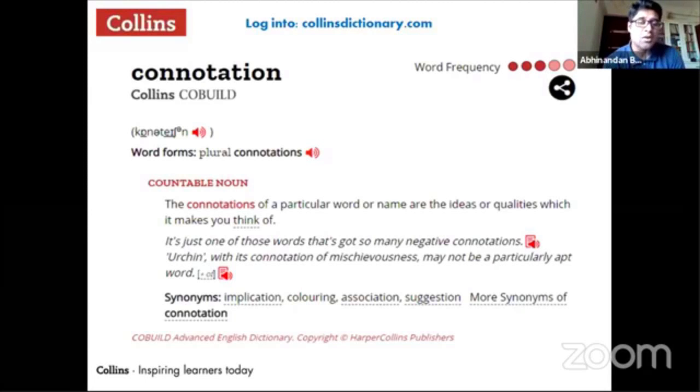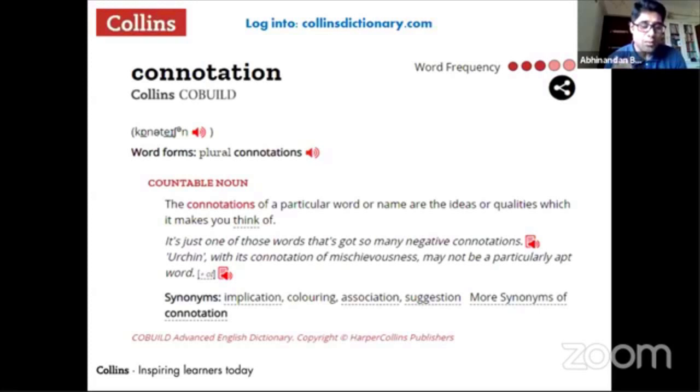What does the word connotation mean? Over here, if you observe the synonyms: implication, coloring, association, suggestion. These are the words that we can reason out, or understand, when we talk about the word connotation in our classrooms. So it is essential to encourage our learners to look up words in the dictionary.